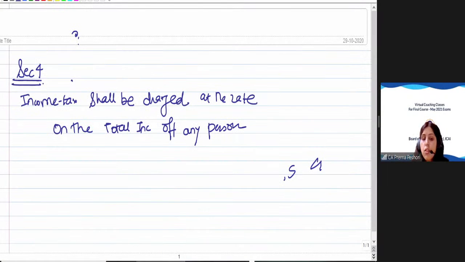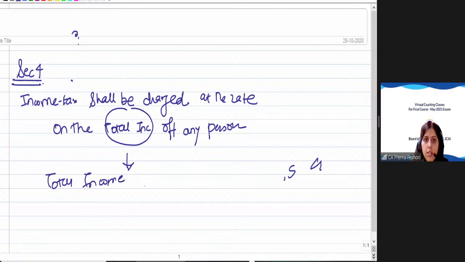Now what do you mean by the term total income? The term total income is defined under section 2(45) of the Act.